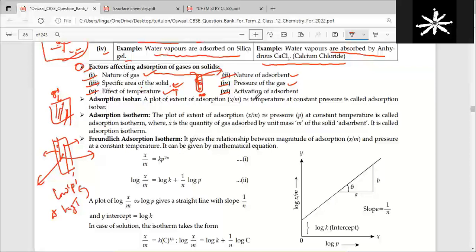Okay, this much is over. Then activation of adsorbent. Adsorbent means what? This solid one, which is adsorbing. In chemistry generally activation is required. Activation means to involve in the activity; some energy is required. That is the activation energy.